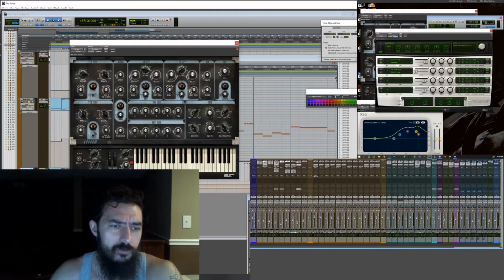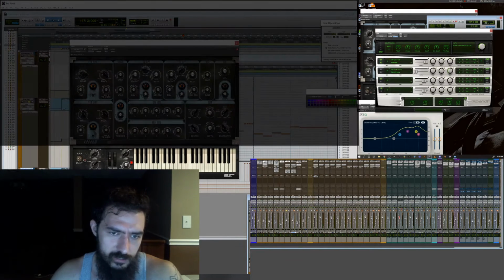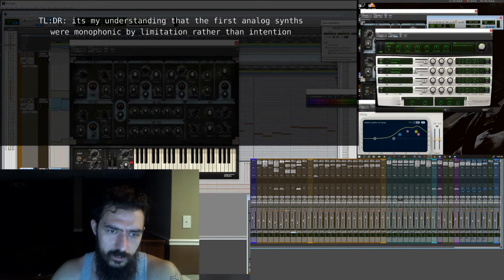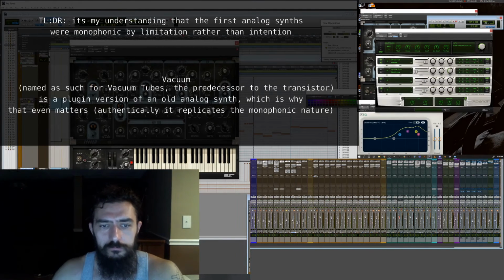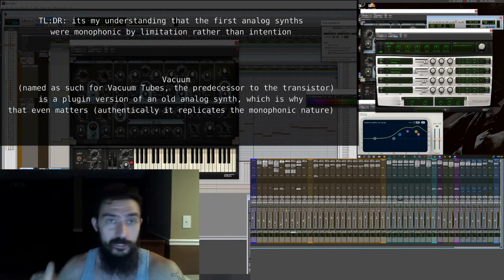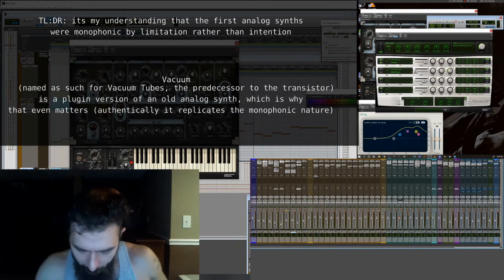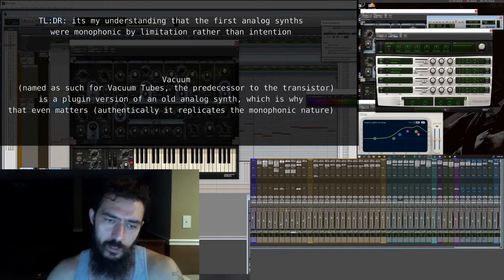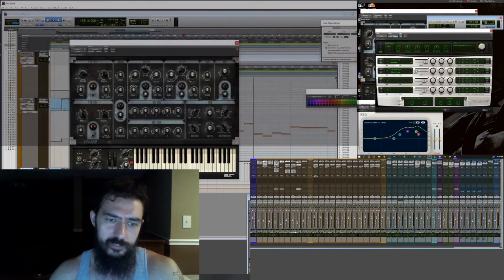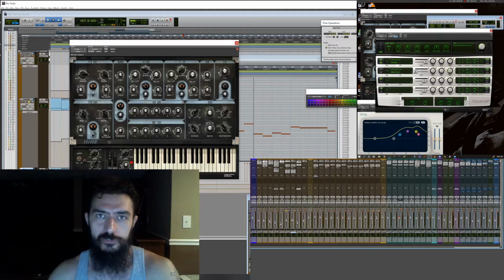I don't think monophonic used to really be an issue whenever digital plugins started being developed. Maybe it was, I don't know. Monophonic, I usually just know in the context of analog synths. But what monophonic means is it can really only play one note at a time. Mono, one, phonos, sound. One sound.